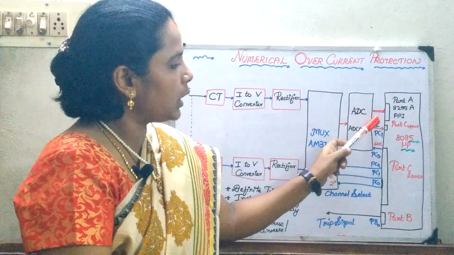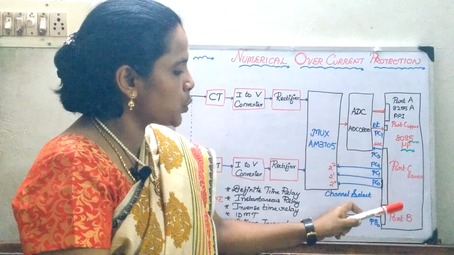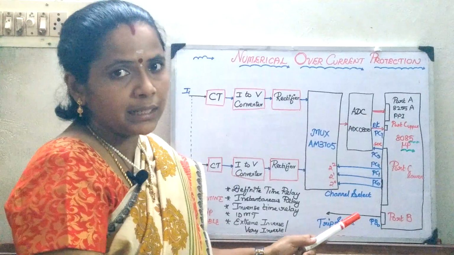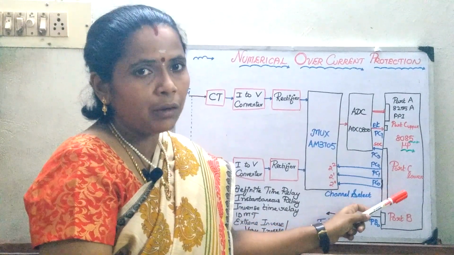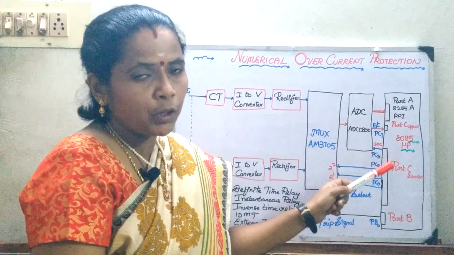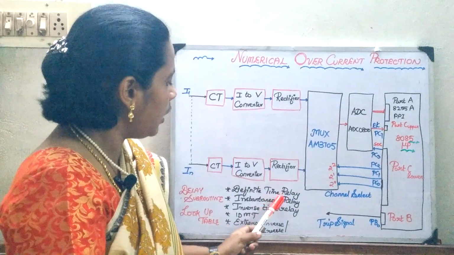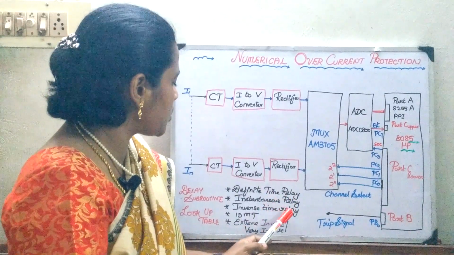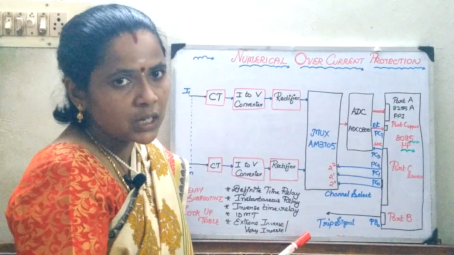Once the end of conversion signal is given by the ADC, the microprocessor issues a suitable trip signal. Here in the microprocessor you will have various delay subroutines running, because overcurrent relays can be of different types: definite time relay, instantaneous relay, inverse time relay, IDMT relay, or extremely inverse or very inverse relay.